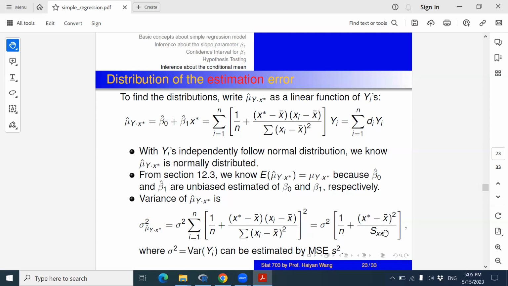This S_xx also has n terms. It's a sum of variation in the x. So if n is really large, because of n in the summation, S_xx is also large, and therefore this second term will converge to 0, very small. Similarly, when n is large, 1 over n is also very small. Therefore, you see the prediction, this mu hat, will have a small variance if n is large.